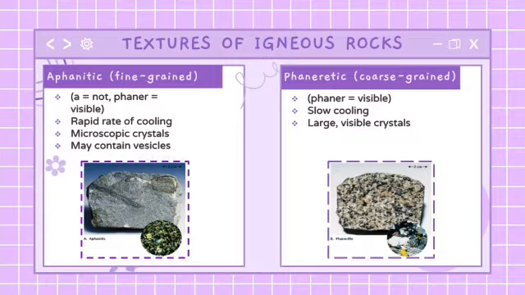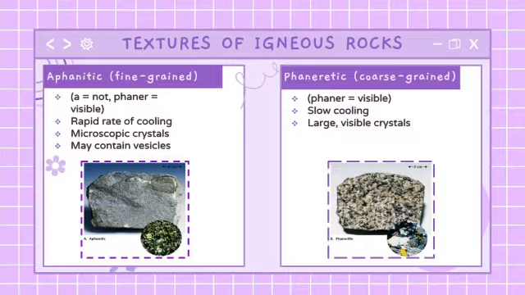The second one is phaneretic or coarse-grained texture, derived from the word phaner, which means visible. This type of texture forms when cooling is slow, and this texture has large visible crystals. Phaneretic textures are typical of intrusive igneous rocks.